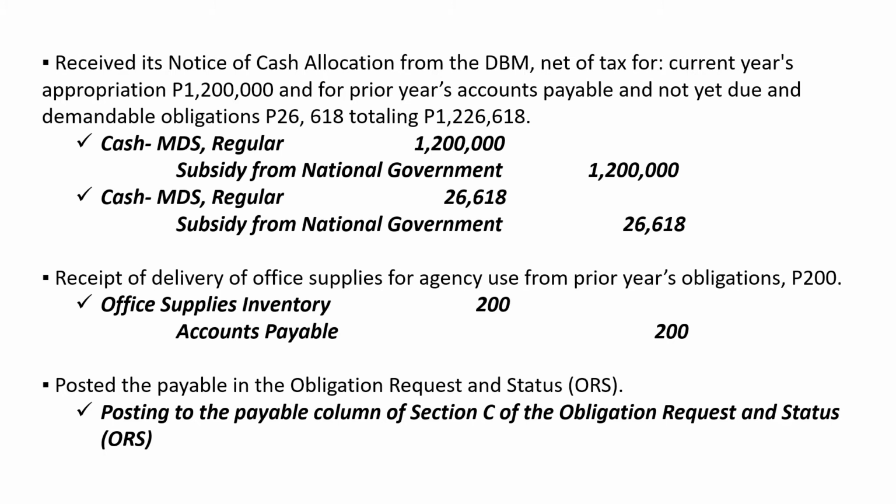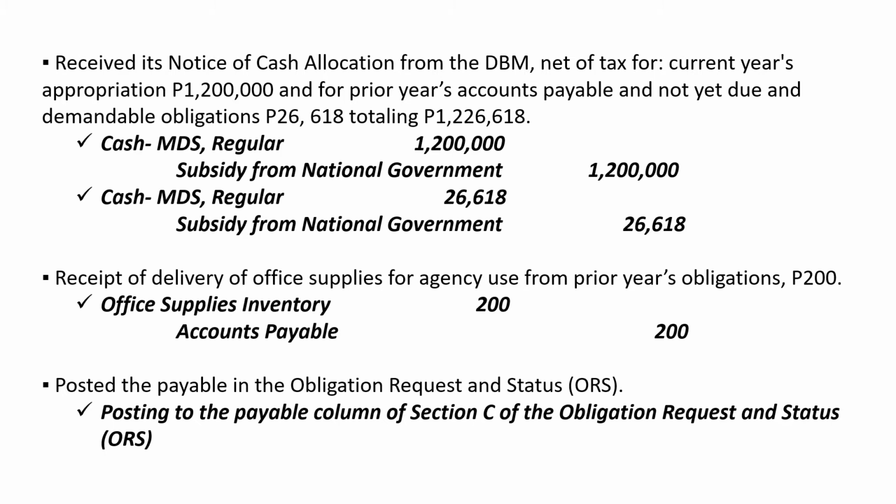We will post that amount in the allotment received in RANCA, and in the second column we will record the notice of cash allocation received, which is 1,226,618.